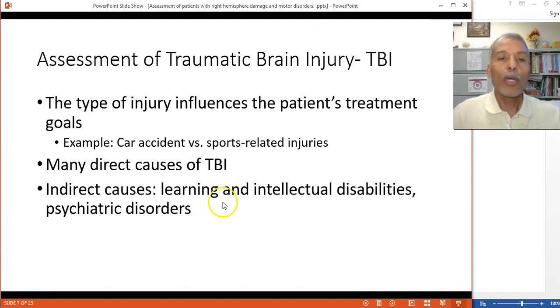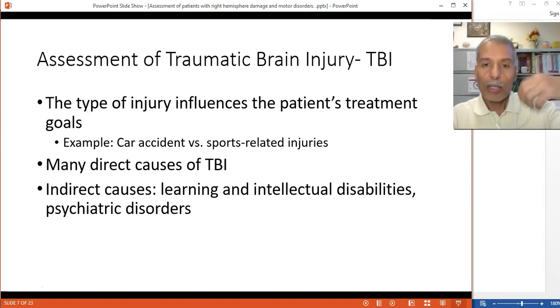So when we assess people with traumatic brain injury, we need to be aware of aspects of the disorder. For example, where the damage is going to impact the functioning of that particular area where the injury takes place, and it will have implications for treatment, for diagnosis, for goals, and so on.